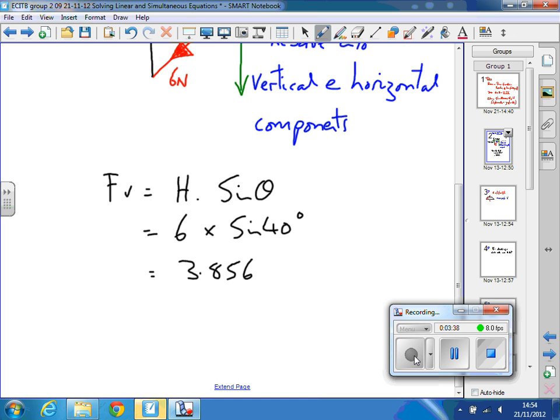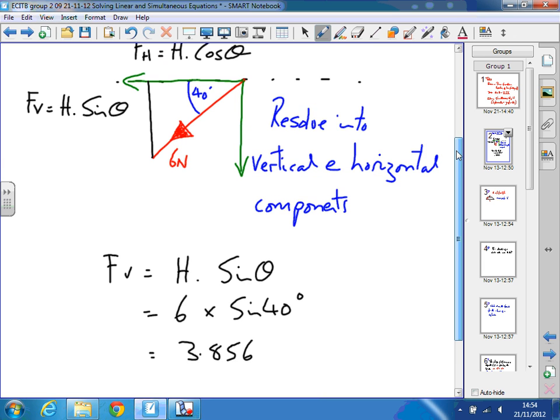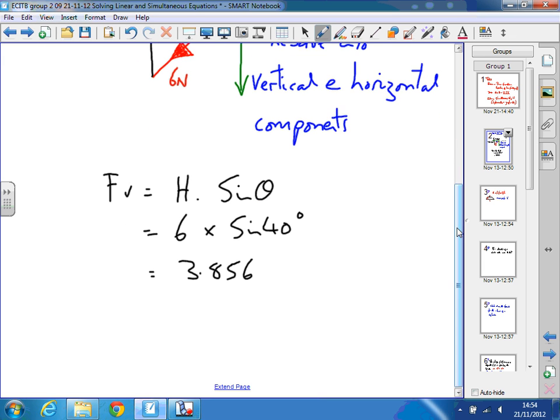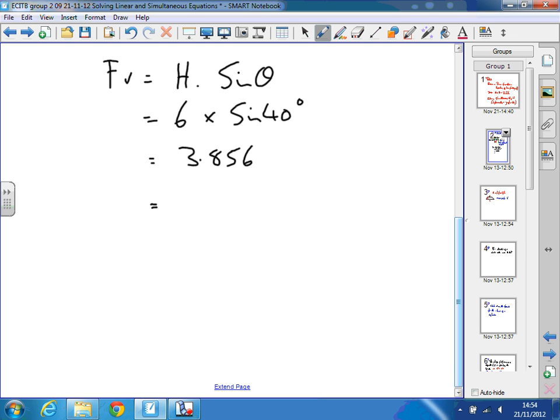What accuracy do you go with? That's important to consider. Look at the force that we've got. That's to one significant figure, 6 newtons. So one or two significant figures, 3.9 newtons to two significant figures, or even 4 newtons to one significant figure.